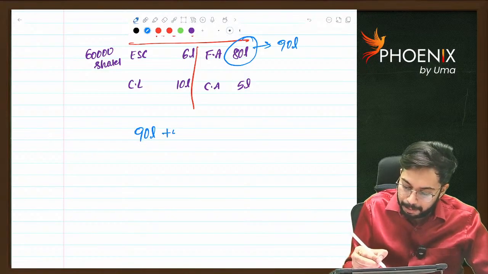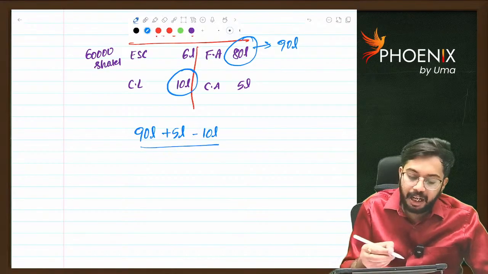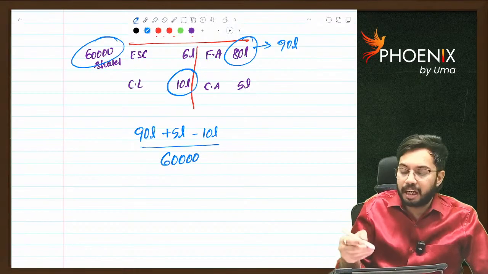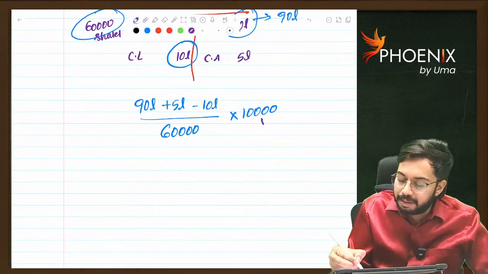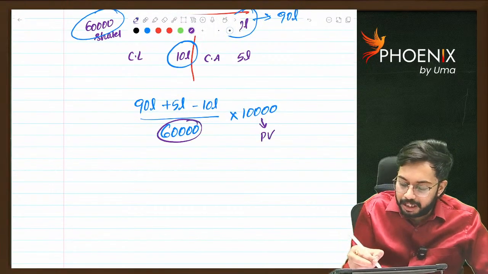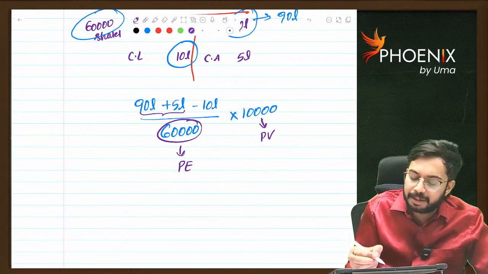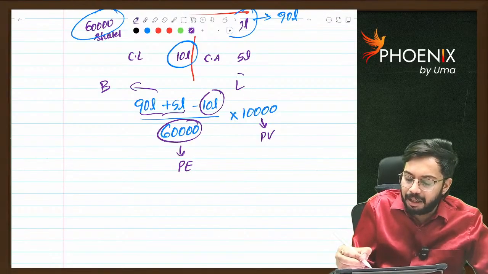90 lakhs plus 5 lakhs, current assets, minus 10 lakhs, current liabilities, divided by total number of shares 60,000. How many shares trust is having? 10,000. So 10,000 shares means nothing but PV, 60,000 shares means nothing but PE, and this 90 lakhs plus 5 lakhs we call as B, and 10 lakhs is liability.